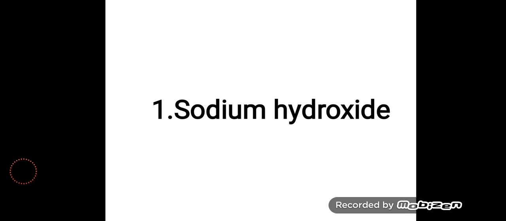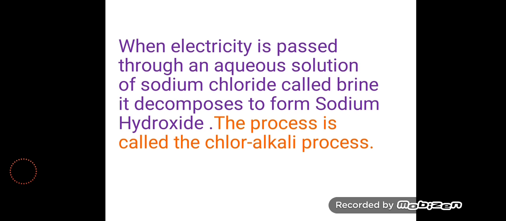Let us discuss sodium hydroxide. When electricity is passed through an aqueous solution of sodium chloride called brine, it decomposes to form sodium hydroxide, and this process is known as the chlor-alkali process.